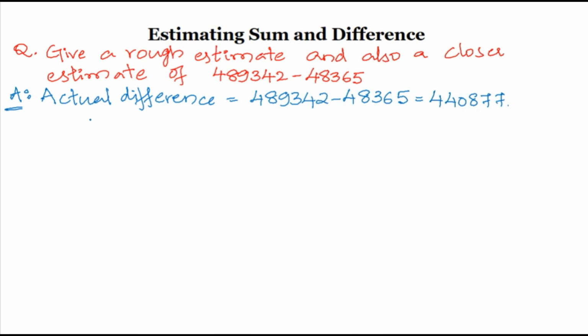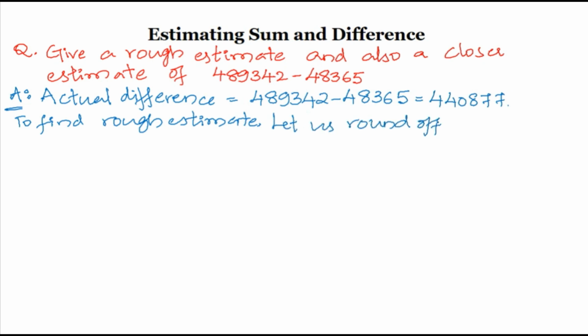Now let us find out the rough estimate. To find rough estimate, let us round off each of the numbers to nearest 10,000s.